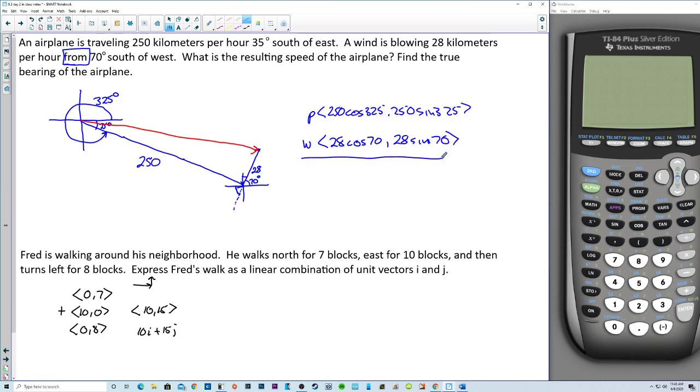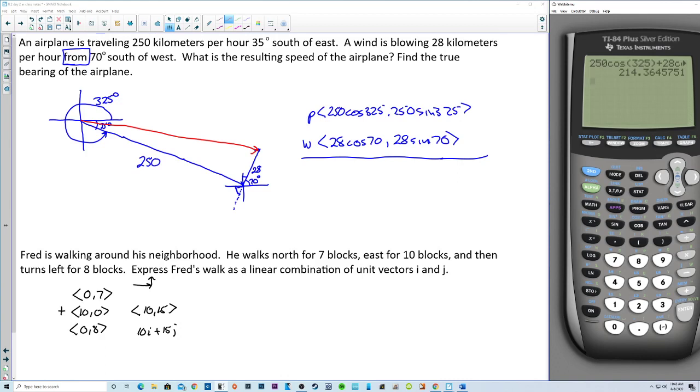And we're going to add those two together to get the resulting vector. Let's do that. Grab the calculator, turn it on, clear. And we got 250 cosine of 325 plus 28 cosine of 70.